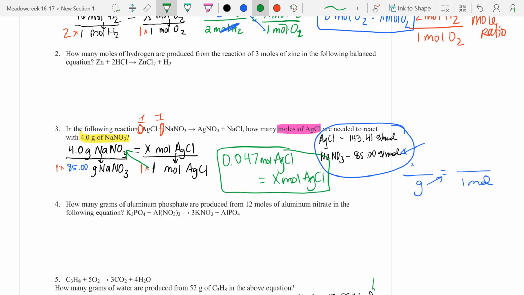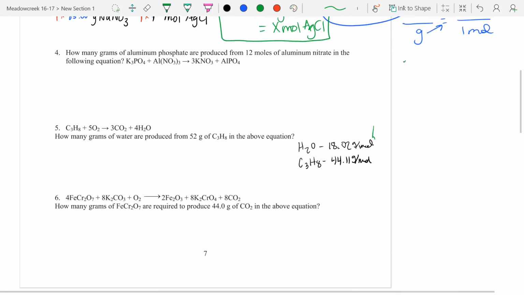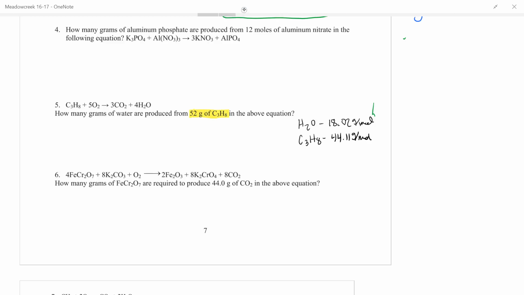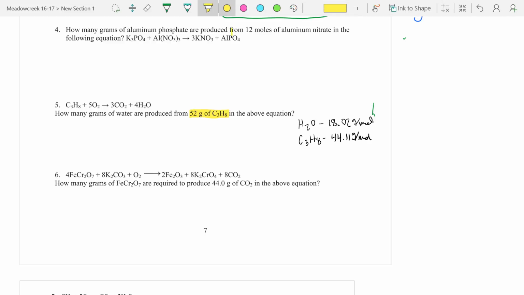Now, if we go on to look at problem number 5, it is a little different in the fact that it's not only giving me grams of a compound, but it's also asking me to find grams of a different compound.